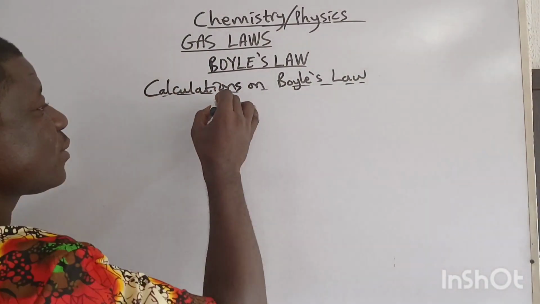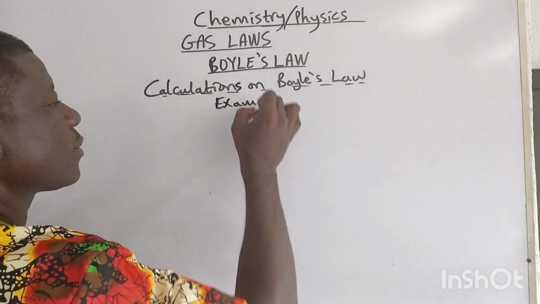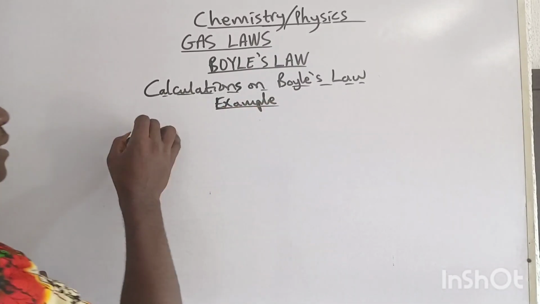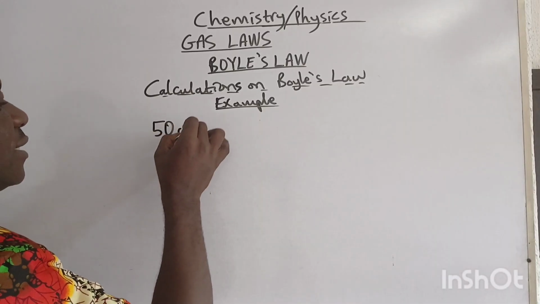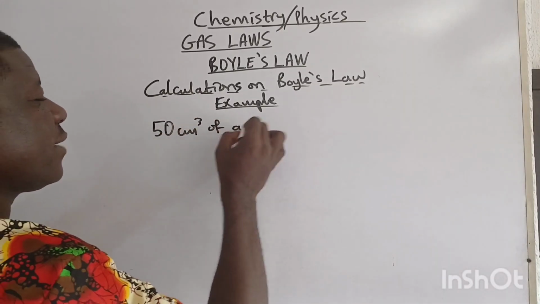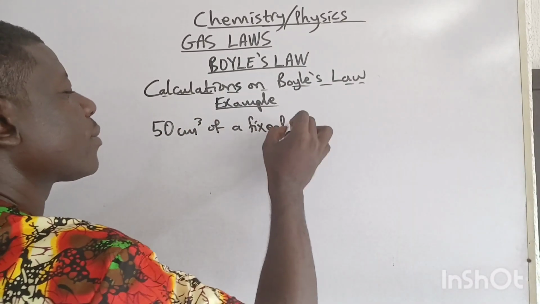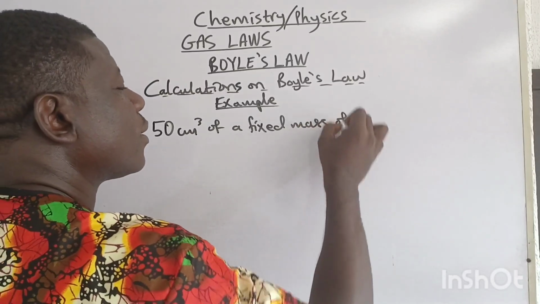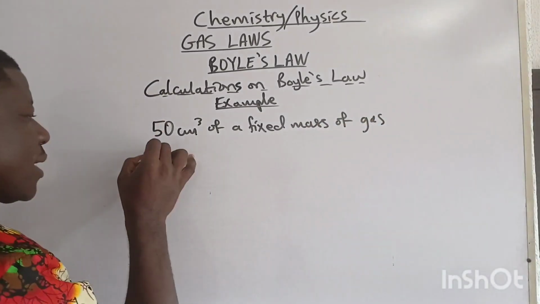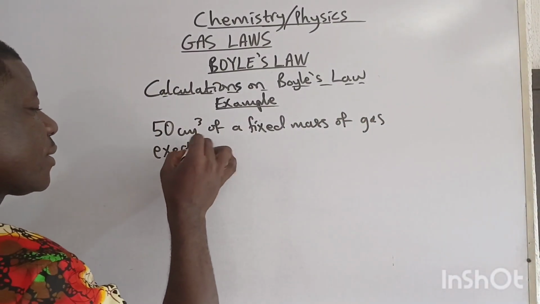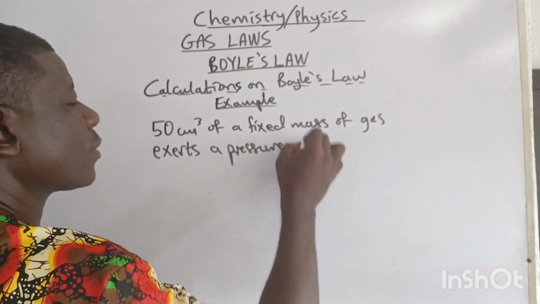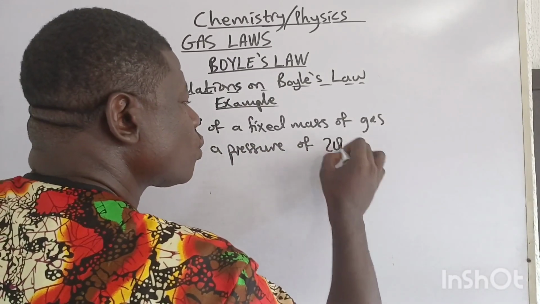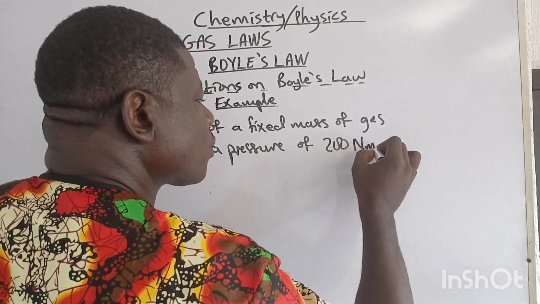For example, let's assume I have a question like this: 50 cm cube of a fixed mass of gas exerts a pressure of 200 Newton per meter square.